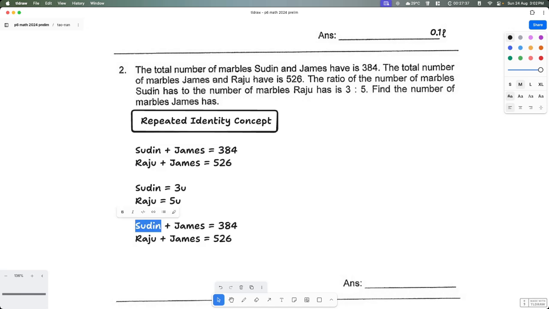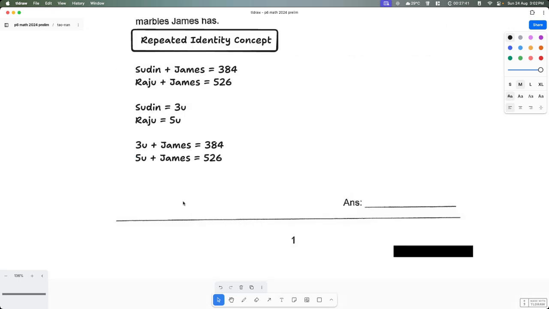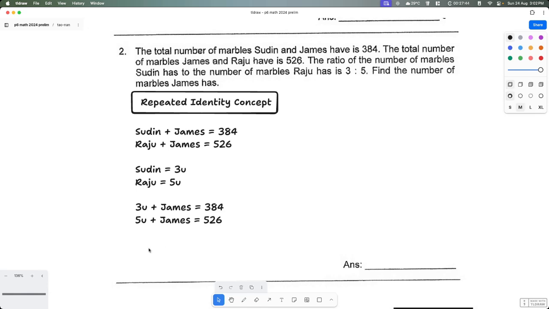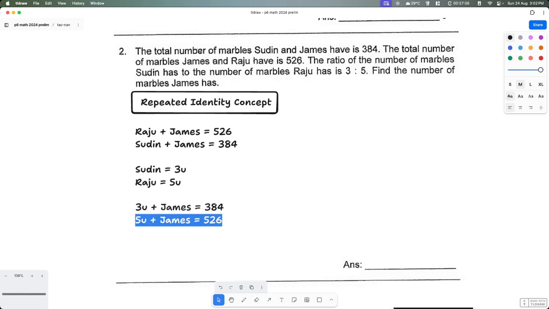Sudin will be 3 units and Raju will be 5 units. So if I were to minus them off, let me just put Raju on top so it's easier. Yep, like this.